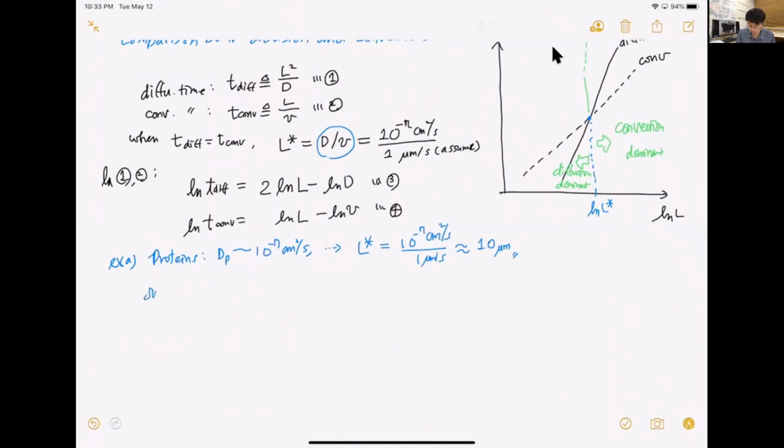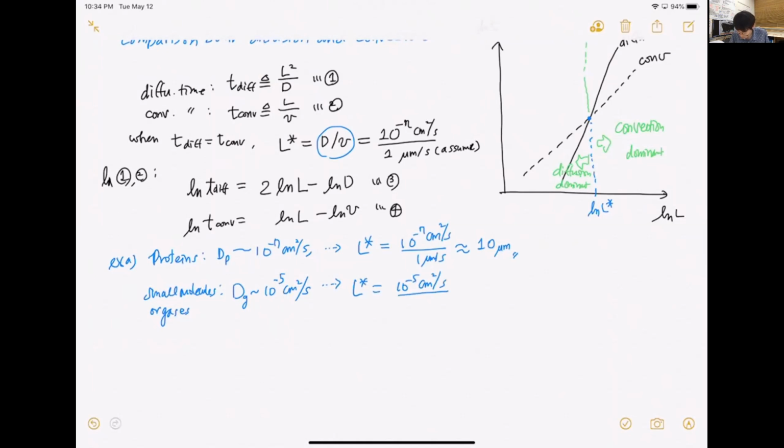What about small molecules or gases? The diffusion coefficient of gases, let's go back and check the diffusion coefficient of small molecules in liquid, is about 10 to the minus 5 centimeter squared per second. Then L star is about 100 times longer.